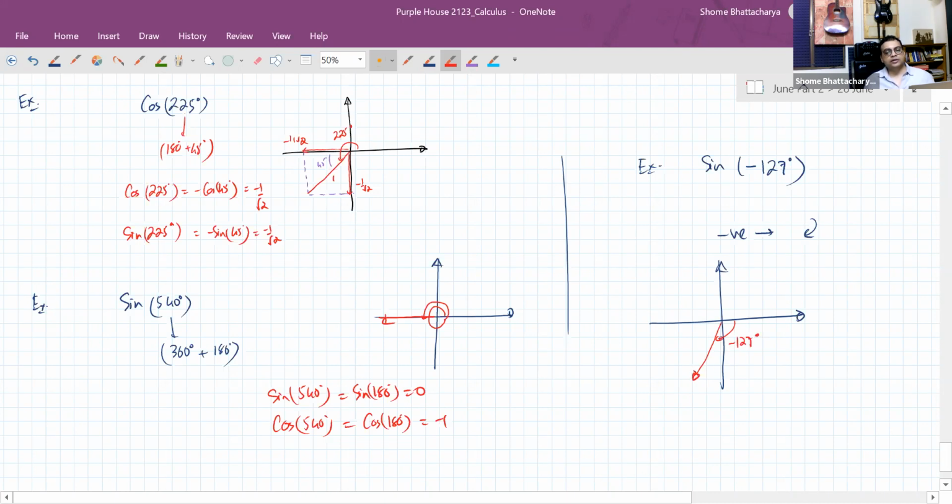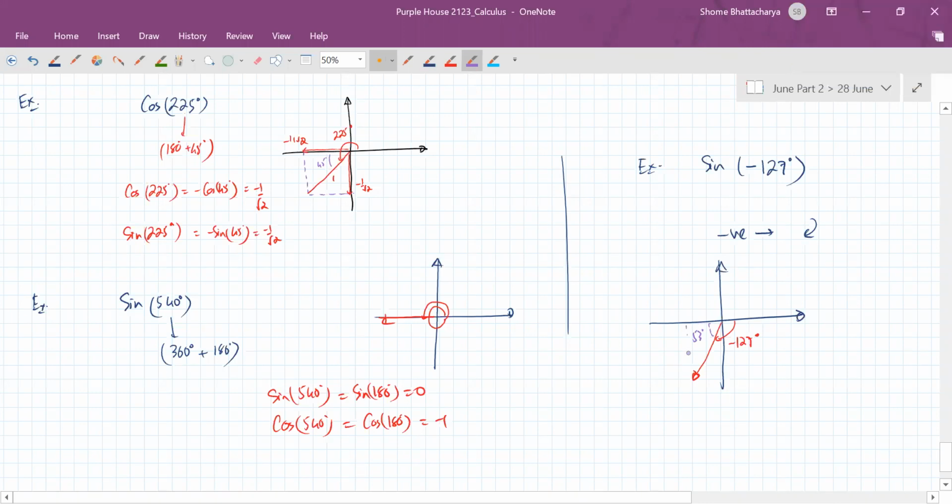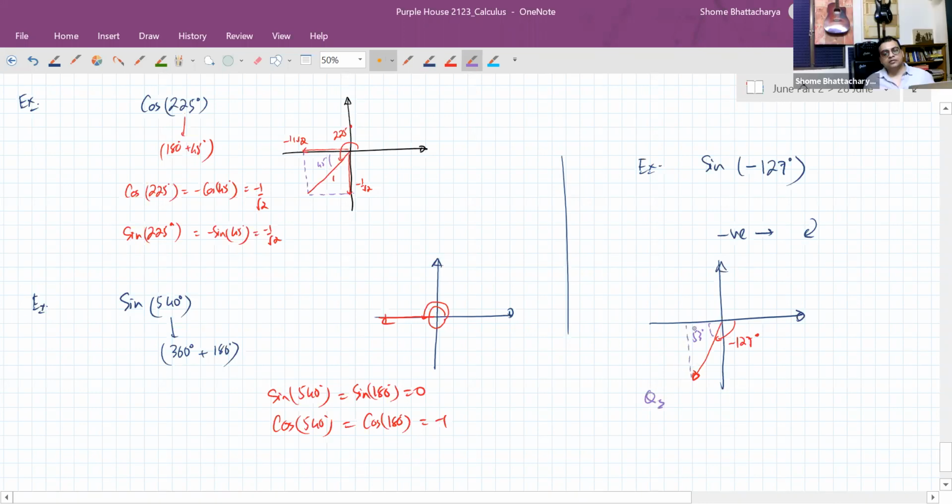So if this is 127, now you can tell me how much this angle will be. This will be 53. Right? So you can see that this will actually be in the third quadrant, where cos theta will be negative and sine theta will also be negative.